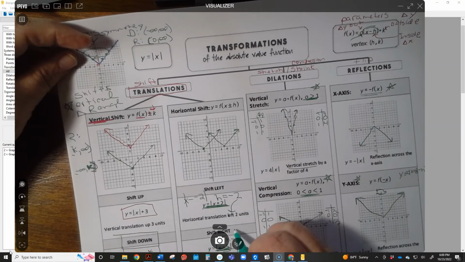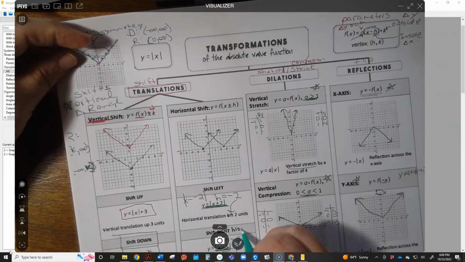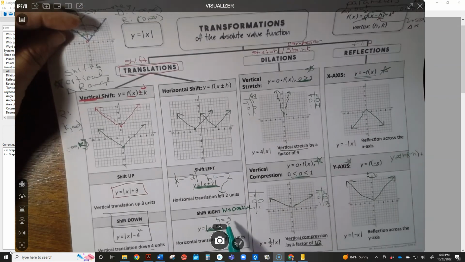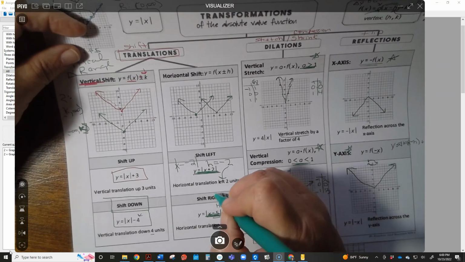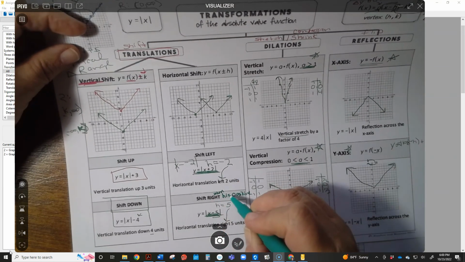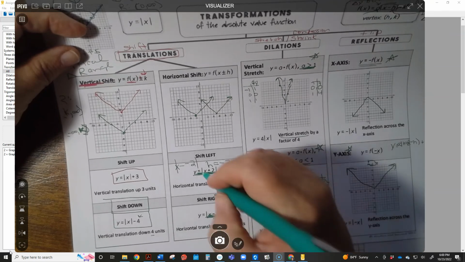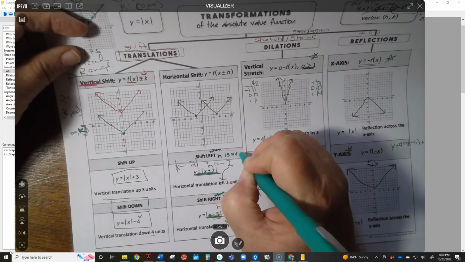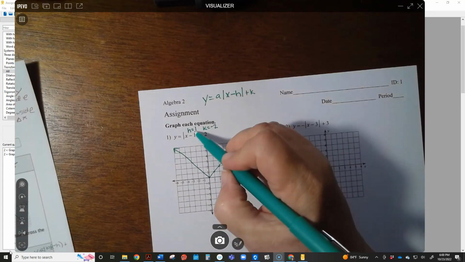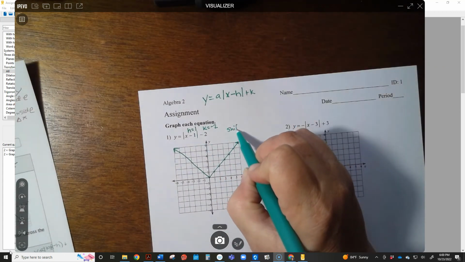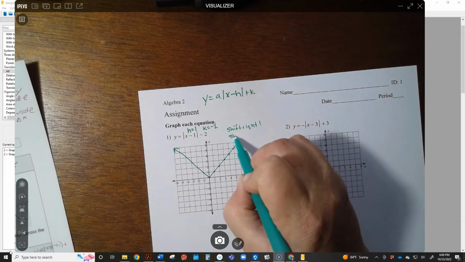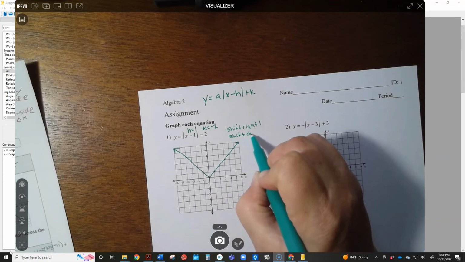Shift right when h is positive, and you're going to shift left when h is negative. So here we have a positive h, so we're going to shift right 1, and we're going to shift down 2.